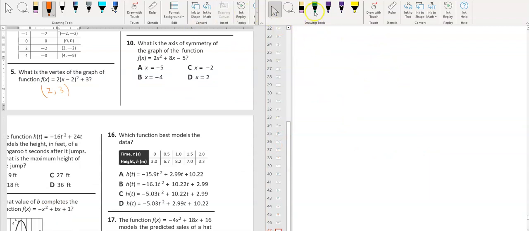Okay, we're starting to move into standard form here. So our functions are going to be ax squared plus bx plus c. And this one is asking for the axis of symmetry. So if you remember, to do the axis of symmetry, you're going to do negative b over 2a, or b over negative 2a, either one works.